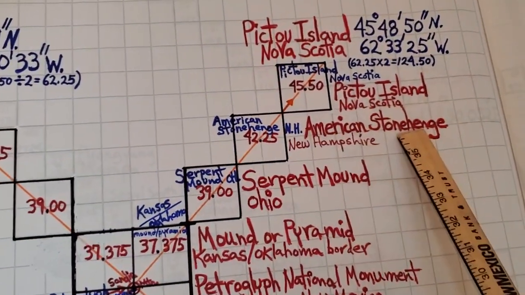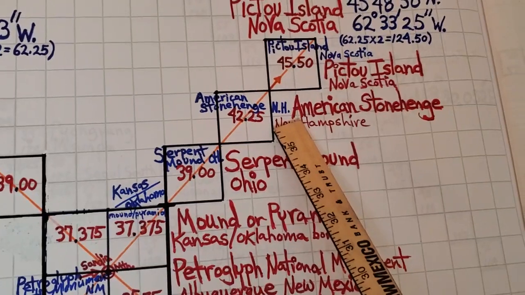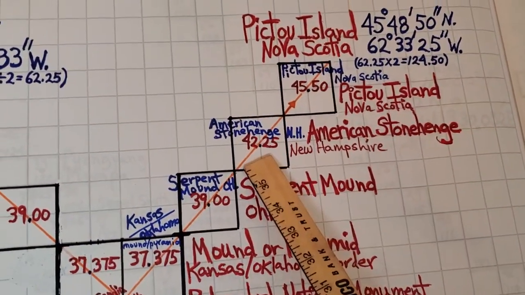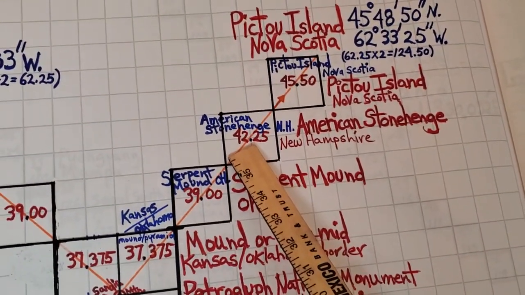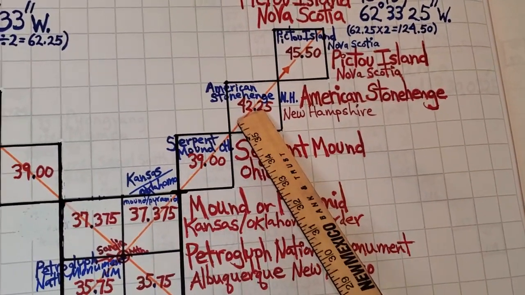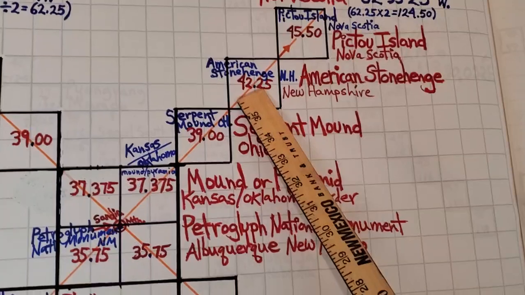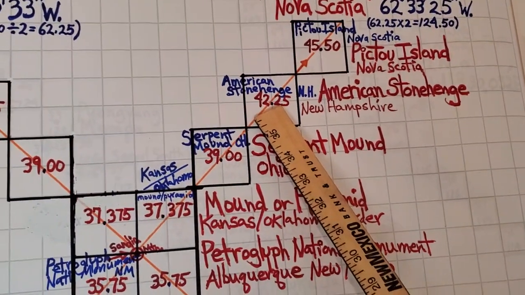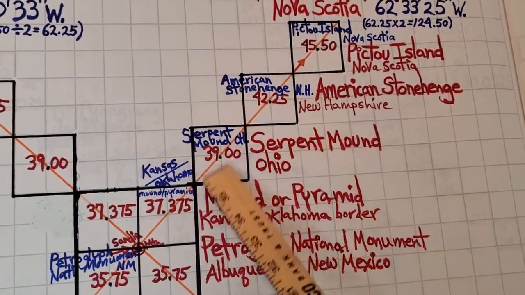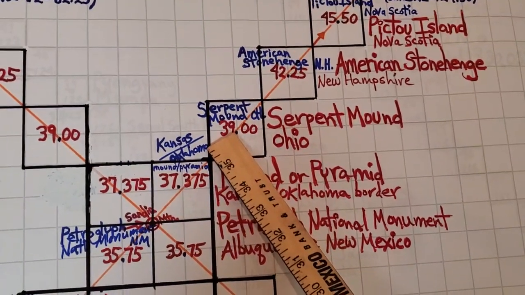The American Stonehenge. Where's it located? New Hampshire. It's legit. You could quit arguing that farmers made it and settlers created it, because they didn't. If they did, they were part of our trade network, and they weren't. They had no knowledge of this trade network. Only we knew that American Stonehenge is connected to Serpent Mound, which everybody is familiar with in Ohio.